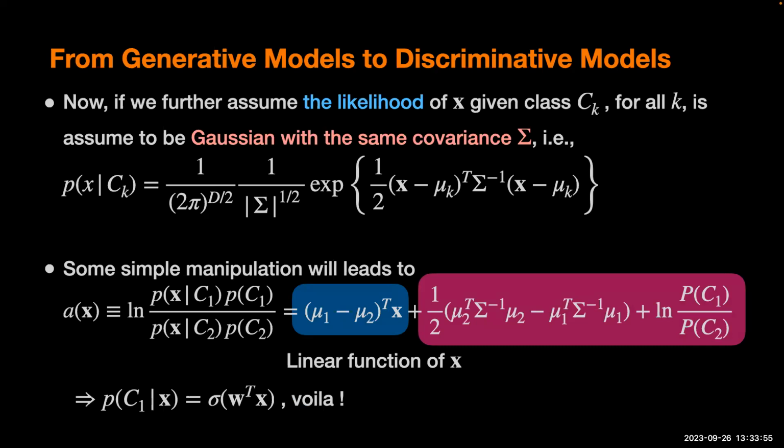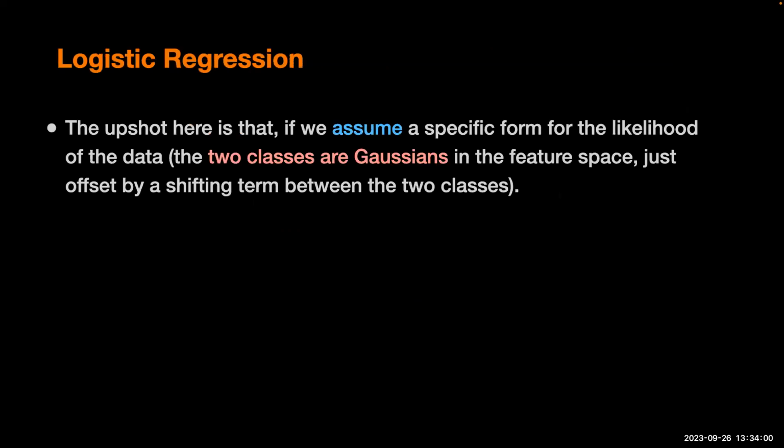Great, voila. To recap, right? In the logistic regression, essentially the assumption that you're making is that the likelihood of the data, the feature space given the classes, always forms a Gaussian and they have the same width.